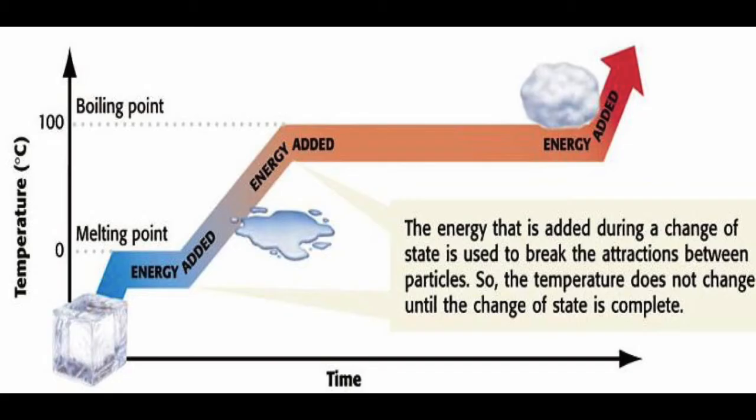So that's important because if you look at the graph that was in the notes, and I'll put it up here as well, you'll see that really flat area when it changes state, and it's significantly longer between liquid and gas because it takes so much energy to break those bonds and to make them less structured. So when a material is going through a change in state, the temperature stays the same. Now that's a really important concept, so let me say it again.